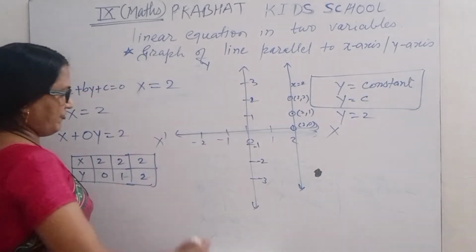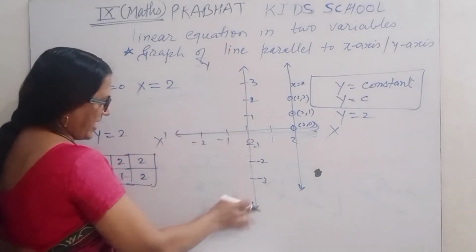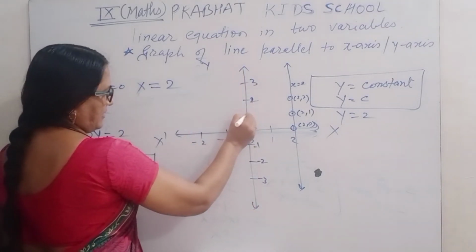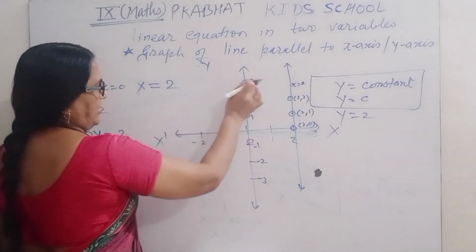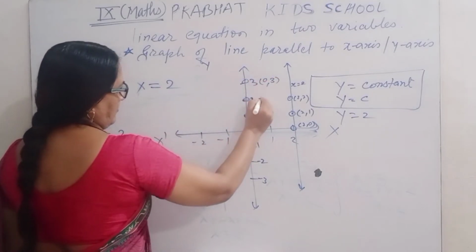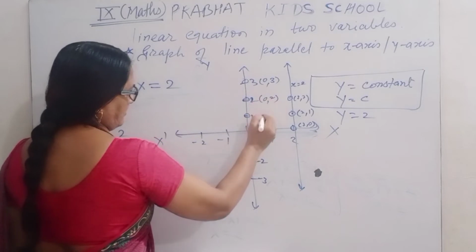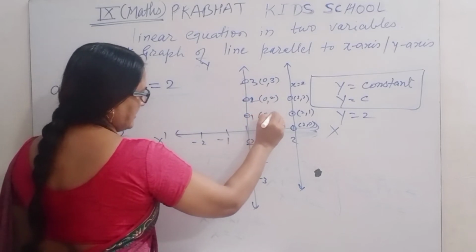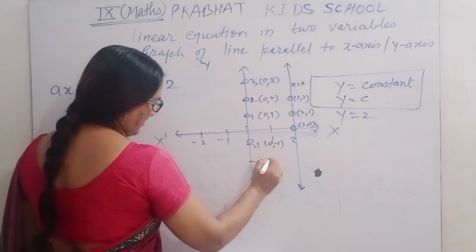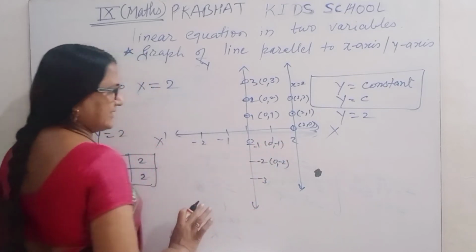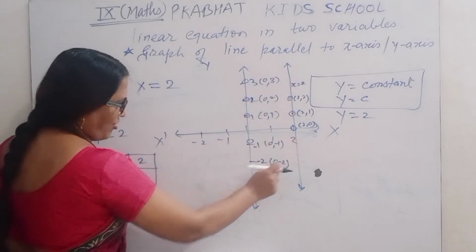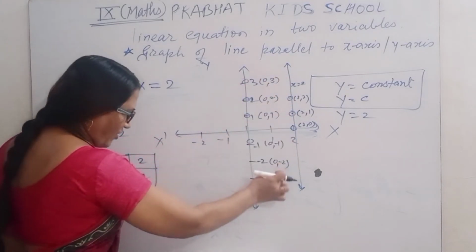Now we are thinking about the y-axis. Choose different values on y. Here this point, this point, this point. Here the x coordinate is 0 every time. You can also choose minus 1, 0, minus 2. Means for different values of y, x is constant.